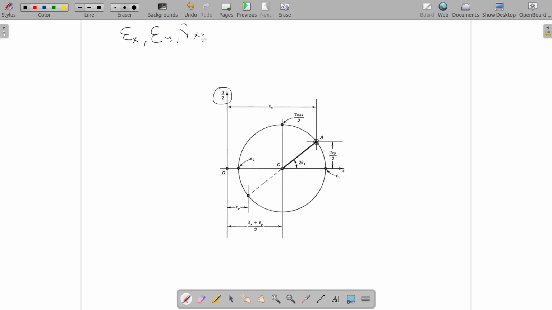If you are rotating the coordinate system by a certain angle, what will be the new value of normal strains and shear strains? Just like the previous equation, the only difference is that we replace stress. Even the derivation would be quite similar to that of stress, so I'm not going through the derivation in detail. I'll just write down the final equation.